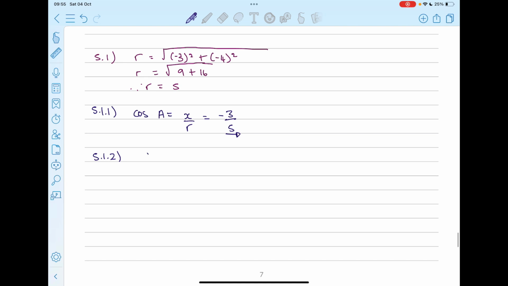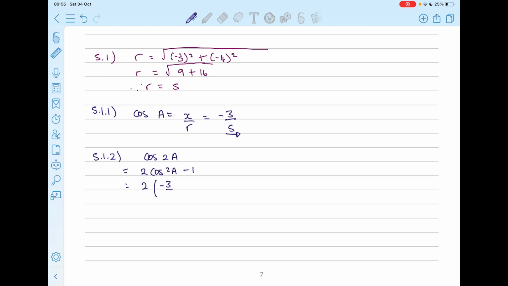5.1.2, they want cos 2A. You should recognize this as a double angle identity, and it's the cos one, so you've got 3 options. I'm just going to choose 2 cos squared A minus 1. But whichever option you choose for this identity will work out fine.